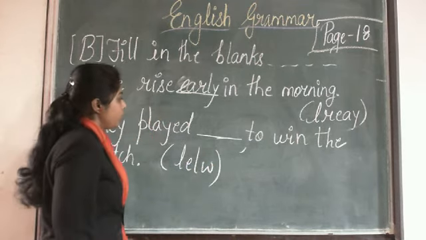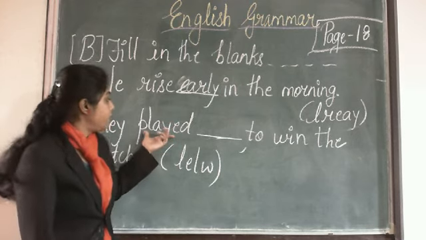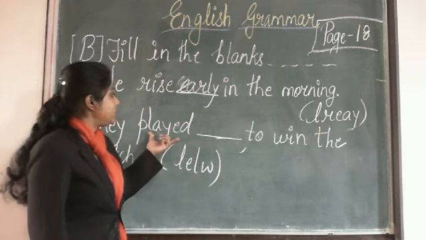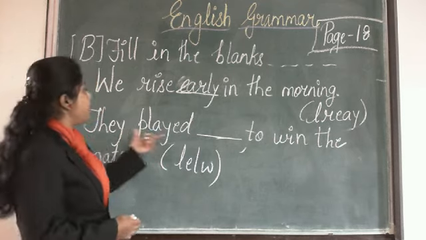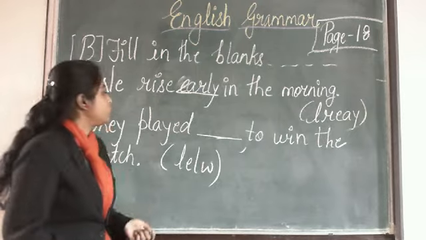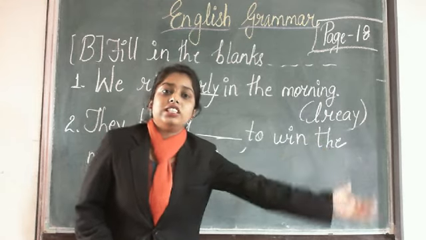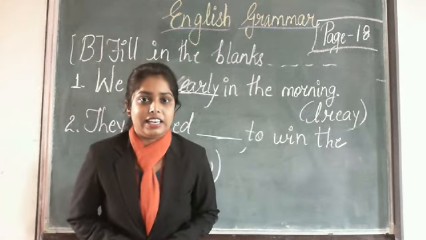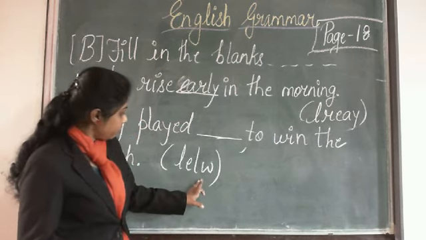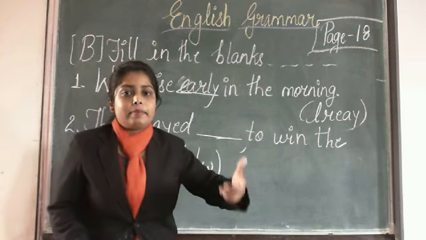What is the verb we are having in the sentence? Played. So we have to make one word that will just describe how they played. उन्होंने खेला. वो कैसे खेला वो हमें देखना है. मैच जीतने के लिए. तो कोई भी कैसे खेलेगा मैच जीतने के लिए? अच्छा खेलेगा, राइट? सो दे प्लेड L-E-L-W. सो उन्होंने अच्छा खेला मैच जीतने के लिए.